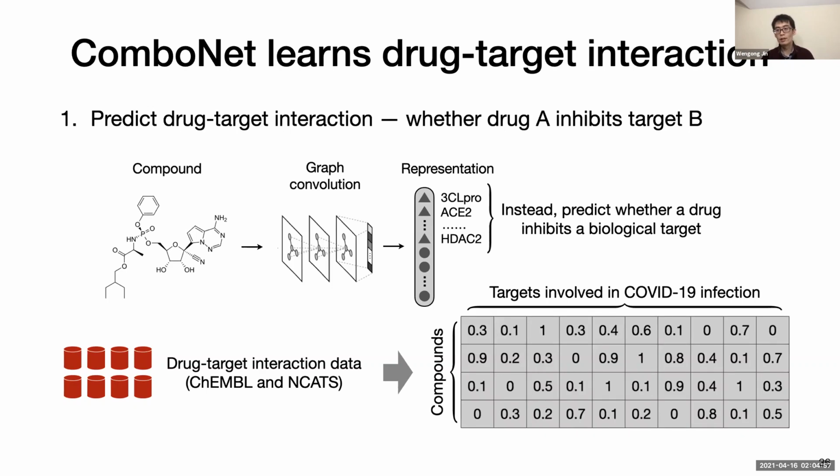So it's like a matrix completion problem. By training on the existing data, the model can learn to fill in the missing entries. That's how we get this biological representation, the triangles on the top.